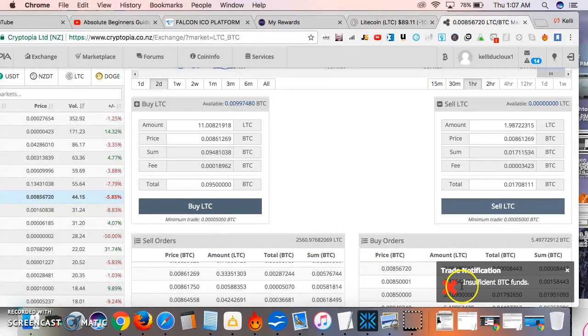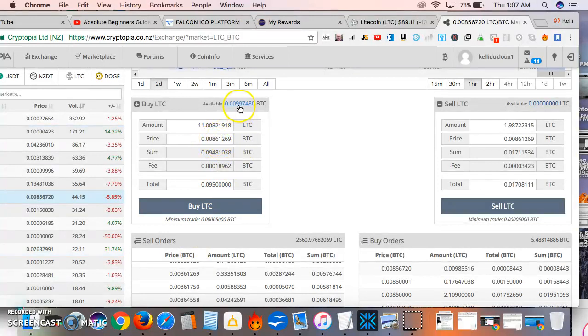Nope. Okay. I'm glad I'm doing this online so you guys can see that sometimes with your trades, you have to play around with it to get it to do whatever you need it to do. Let me see. Oh, maybe this is it. No, 0.009. I have 0.009, 0.008. And the sum is this. So it looks like I have enough.